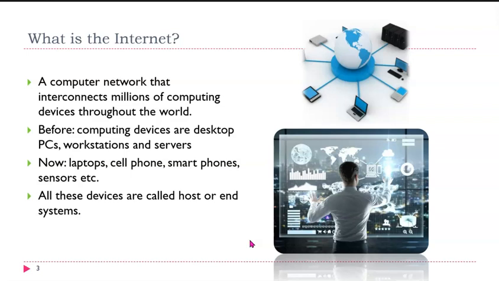So we can say that all aspects of our life now depend heavily on the internet. All devices that are connected to the internet can be called hosts or end systems.